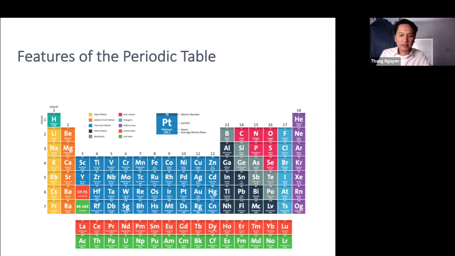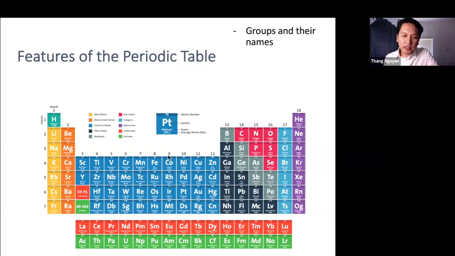All right, so now let's take a look at this periodic table again, looking at some features, the way it's organized into what we call groups or families. Each column is called a group. So this is group 1, group 2, group 3, and so on and so forth. It turns out there are two systems for this. The first system, as you see here, goes from 1 all the way to 18.